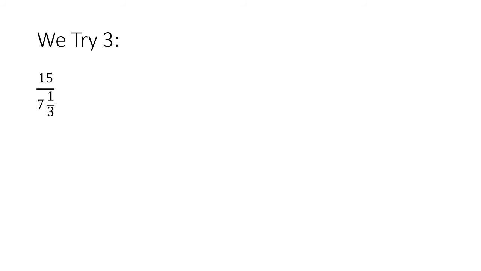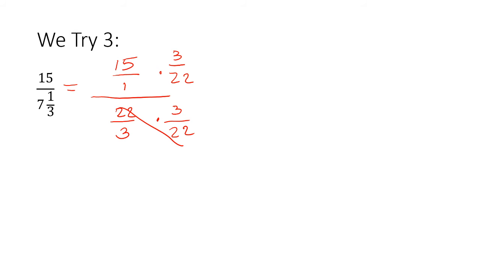Okay, this time we're going to do the same thing, except now we're working with stuff on the bottom. So I'll make the top one into an improper fraction and the bottom one an improper fraction. Then I'll flip and multiply. 3 times 15 is 45. 45 over 22.